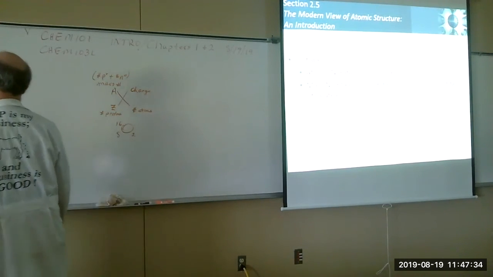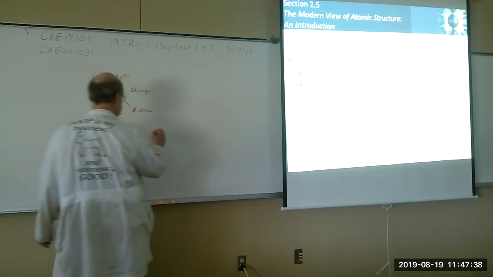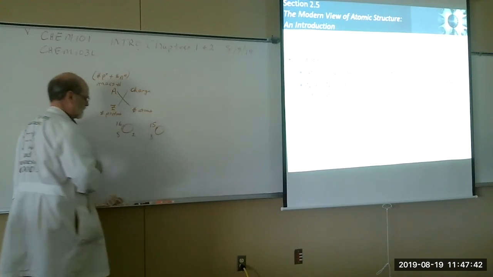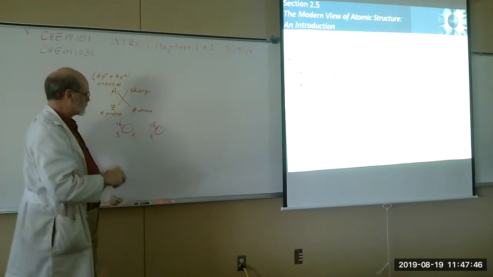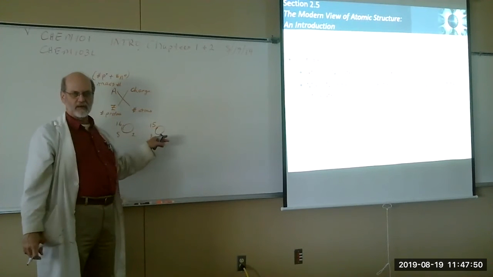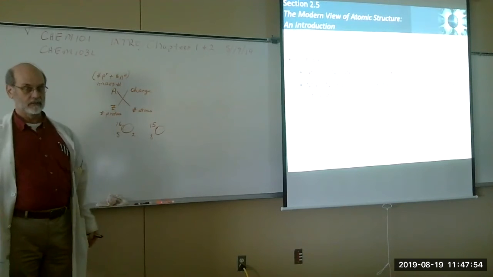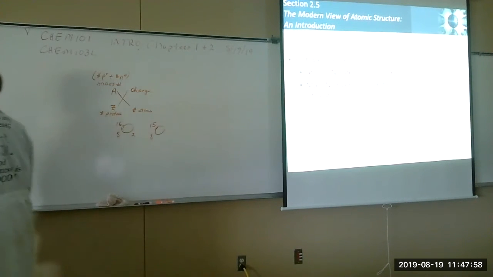Maybe 15 is another common one. Now, if we're just writing the symbol for the element, you don't have to put the 2 down there. It's only when you're using it in a chemical reaction that you need to put that 2.